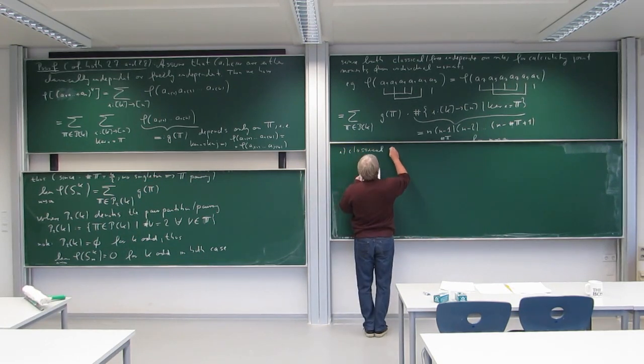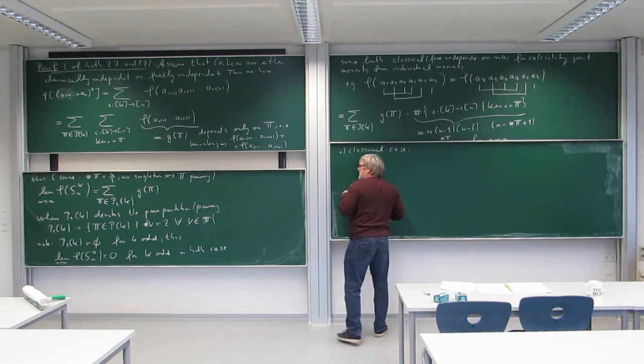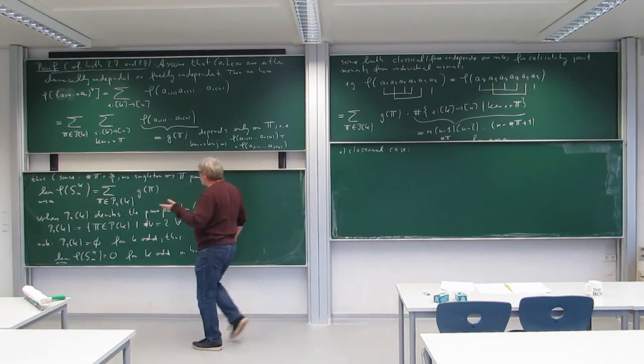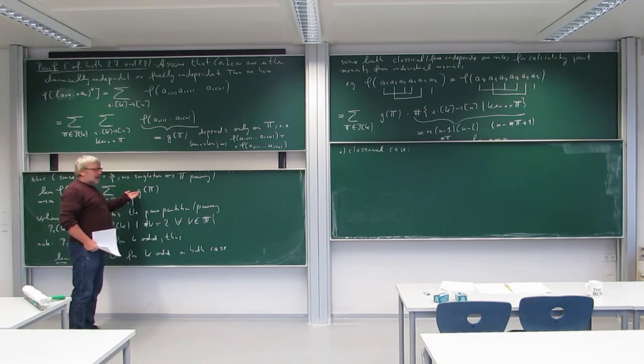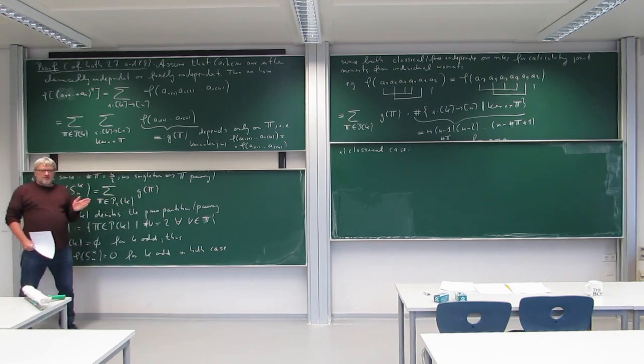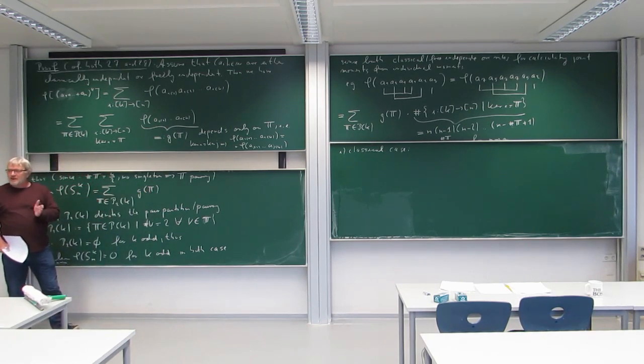So we look at the classical case, and there, what is g of pi? G of pi is phi applied to a product of the variables where the kernel of the multi-index is given by the pi. So this means what we are looking at now are products of elements where each variable appears exactly twice.